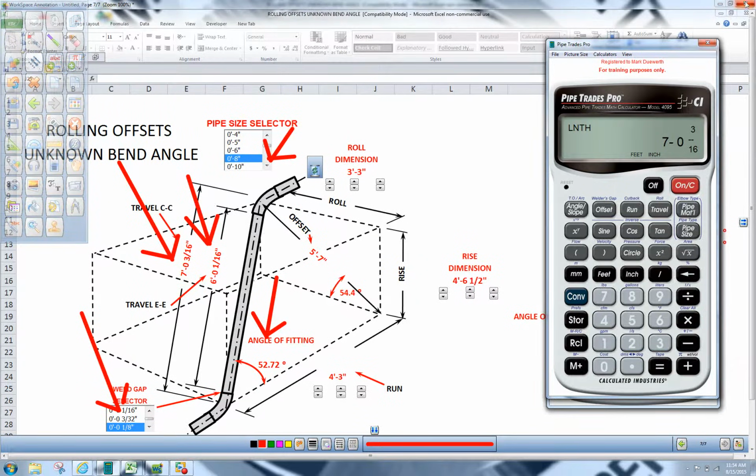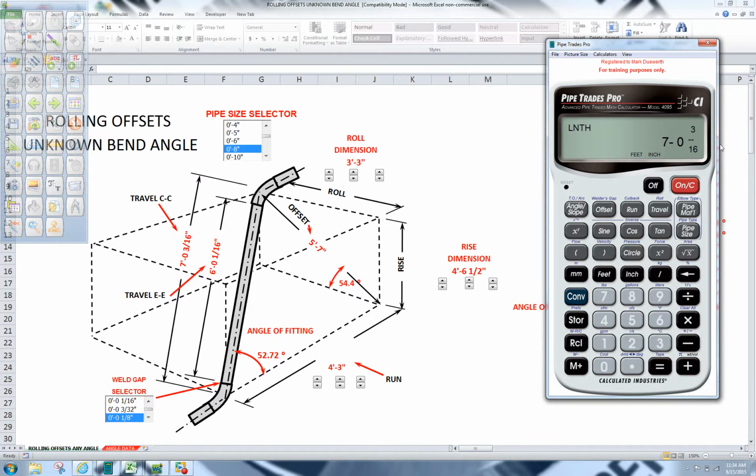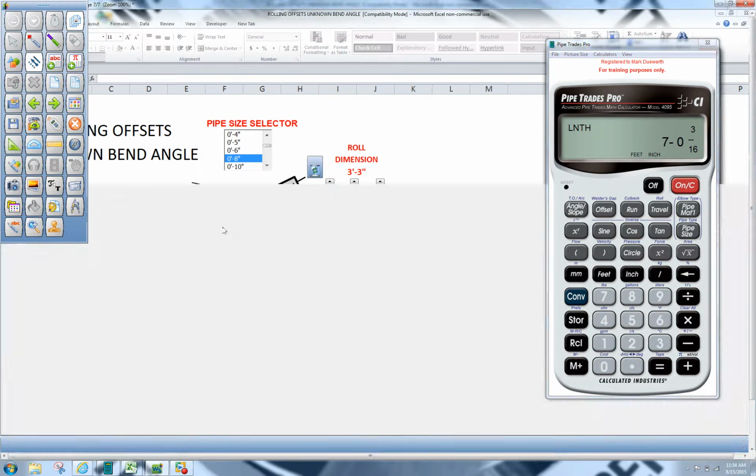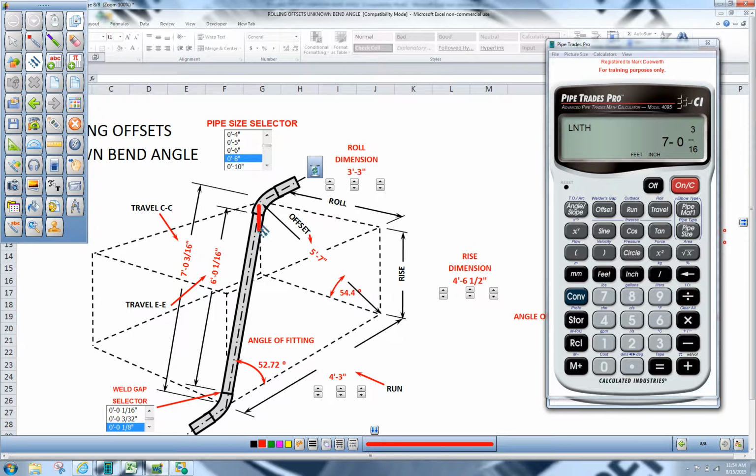Keep in mind, in a rolling offset, there are 3 angles. There's the angle of the fitting, there's the angle of the roll, and there's also what the pipe is to the horizontal plane. To get the angle of the roll, you have a triangle here. This rise dimension is actually going to be my offset in the calculator, and this other side, the roll, is going to be my run.